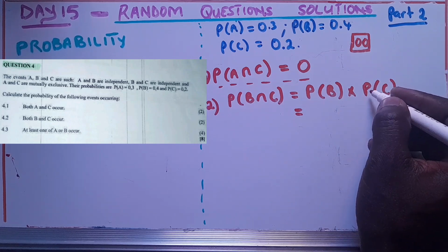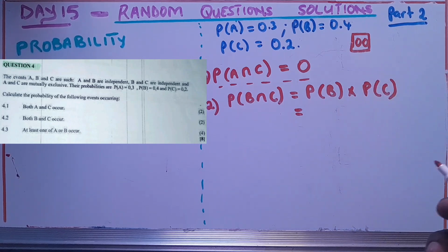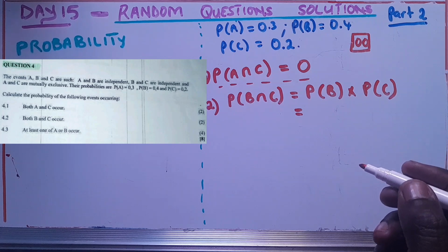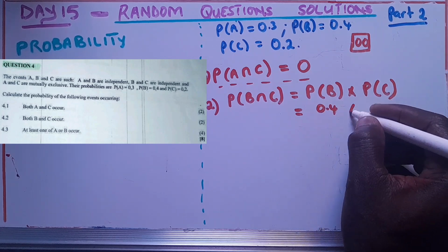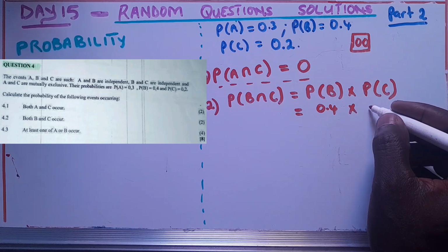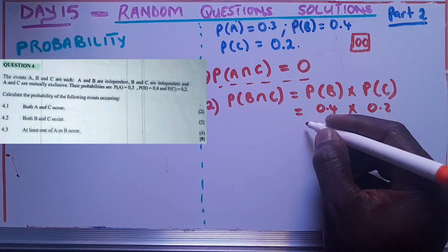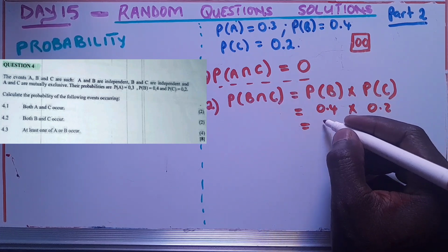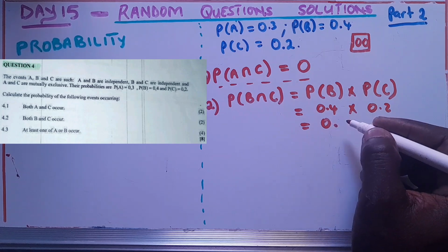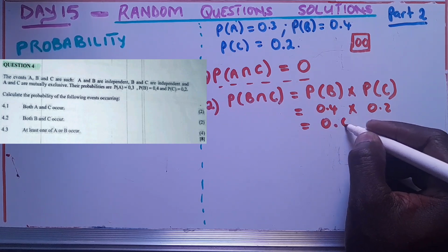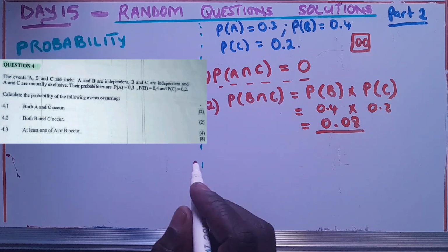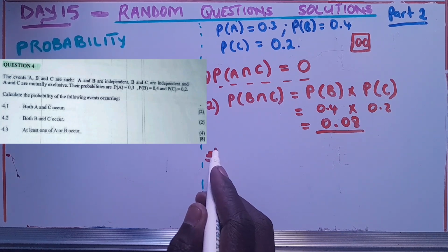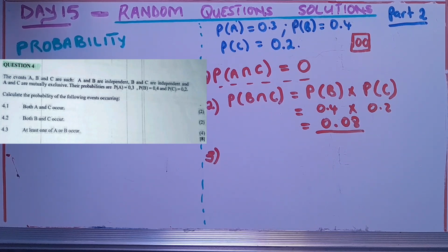So the probability of B being 0.4 and the probability of C being 0.2, the probability of B and C becomes 0.08.